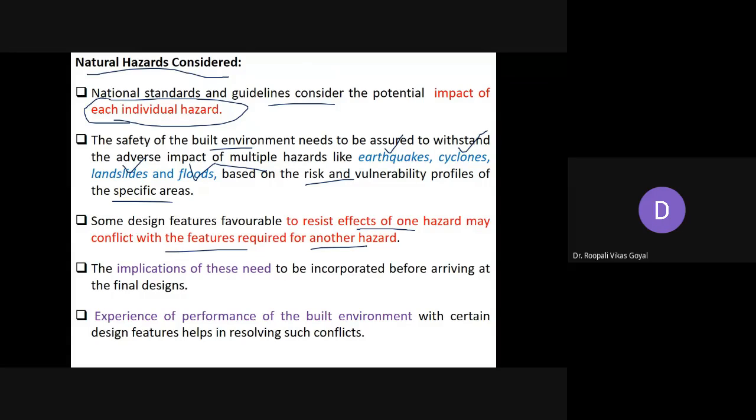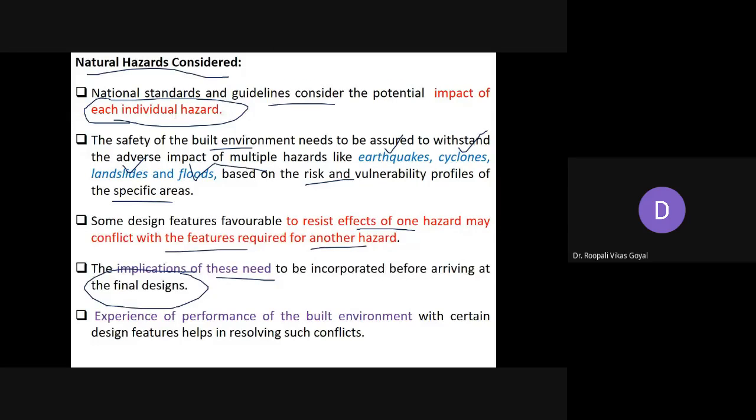So this kind of design feature that is favoring one hazard, कि one hazard के against वो resist करेगा, but it may conflict with the features required for another hazard. So that is also possible. So implications of these need to be incorporated before arriving at the final design. So whatever final design that you are doing, you have to consider both the aspects.